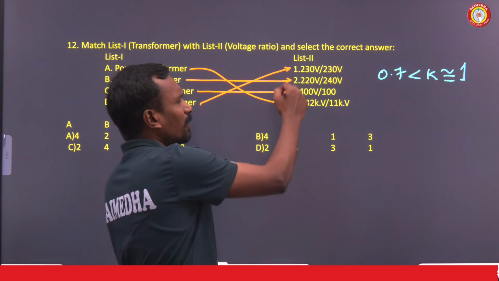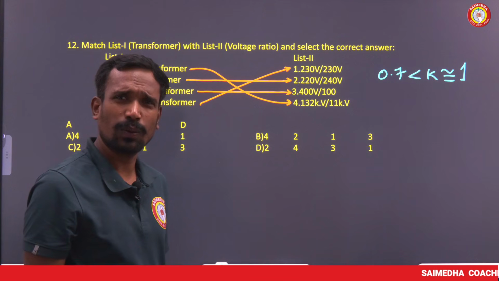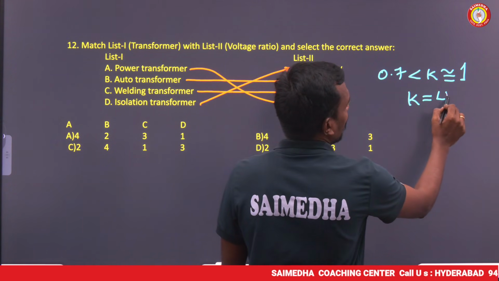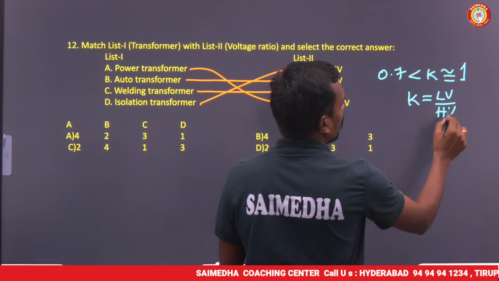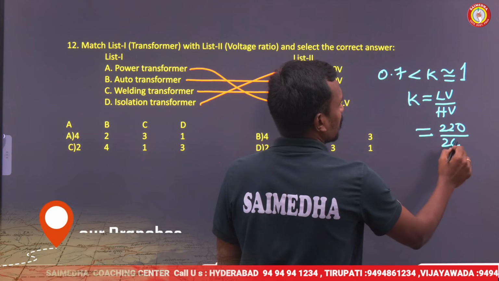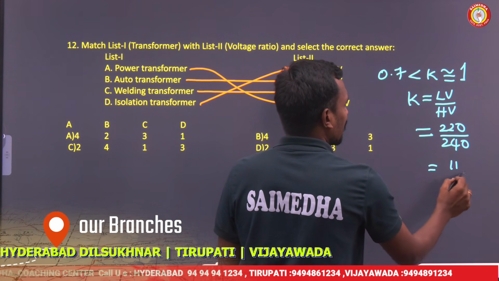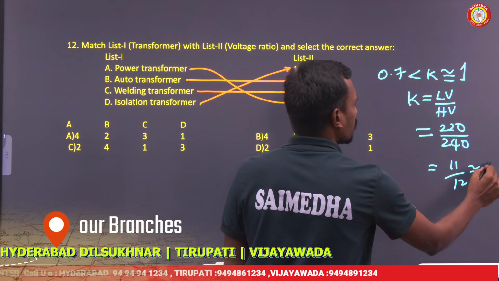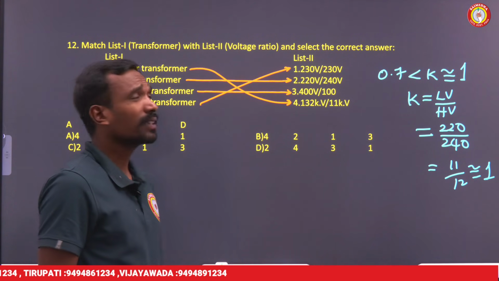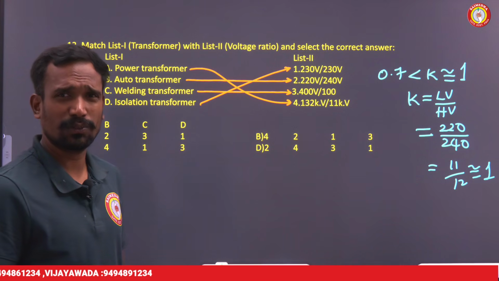Sir, which of the following has K nearly equal to 1? And remember that in an auto transformer K is equal to LV by HV. For this transformer, LV is 220, HV is 240, which is nearly 11 by 12, almost 0.9, nearly equal to 1. That's why that is suitable for auto transformer.